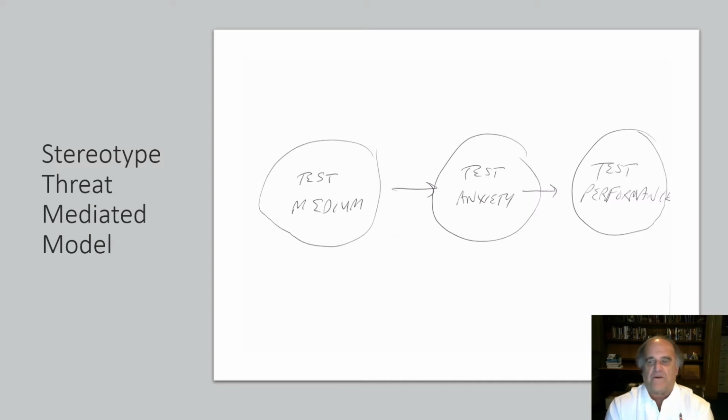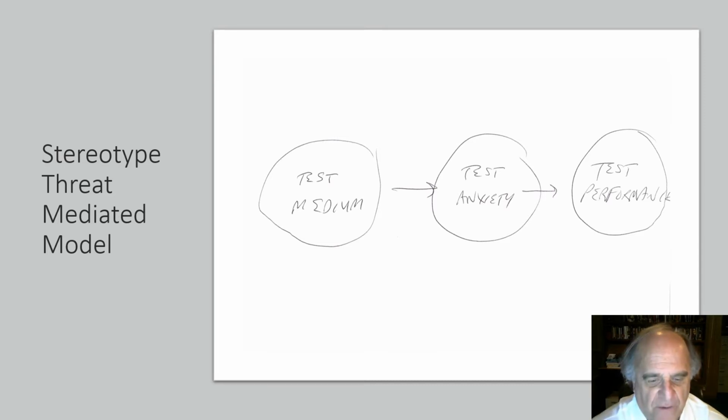And there is quite a bit of research that even if the effect is small, we can constantly replicate a relationship between certain test media or content and diminished test performance for minorities. Now, of course, the question is why or how does that occur? Now, one explanation might be test anxiety.